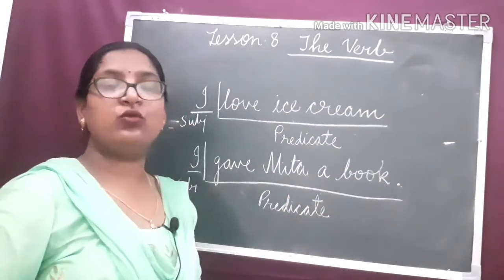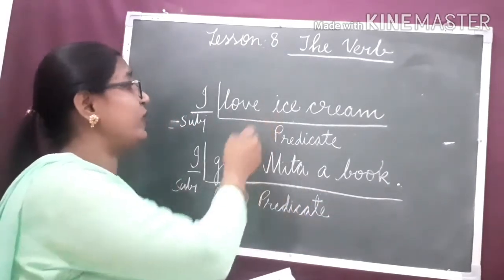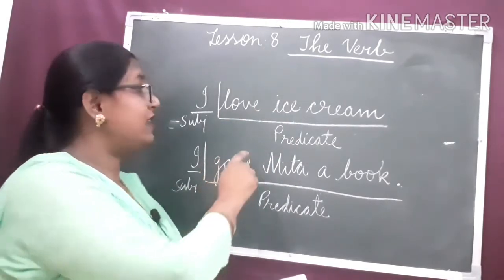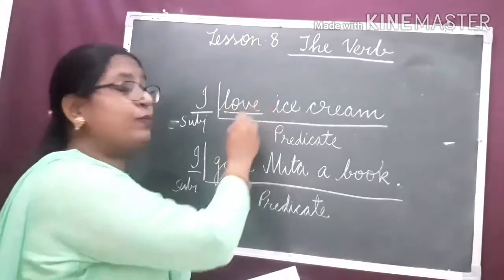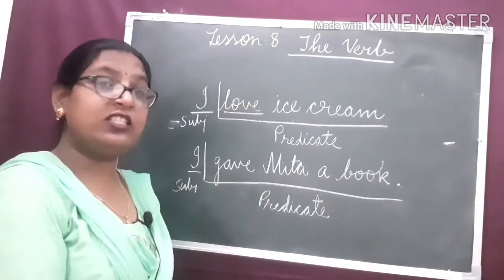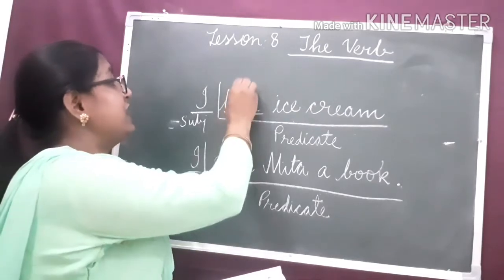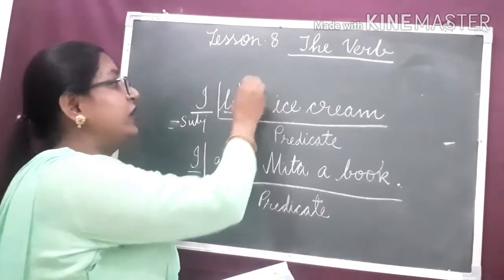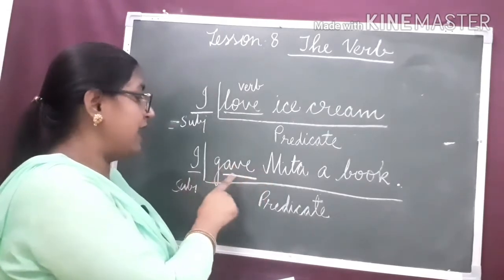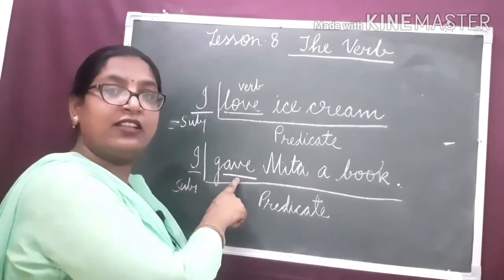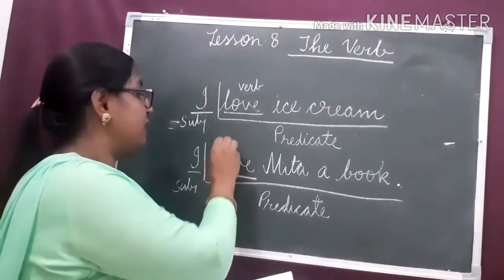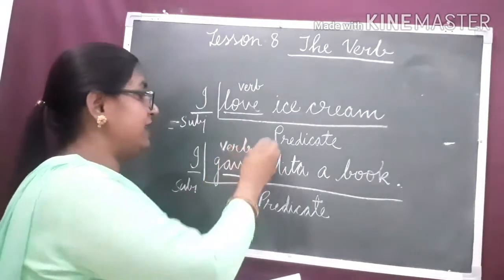And in the first sentence we can see, I love ice cream. We can see that the word love expresses an action. So, as this word is expressing an action, it is the verb. And in the next sentence, gave is expressing the action of giving, that is the verb in this sentence.